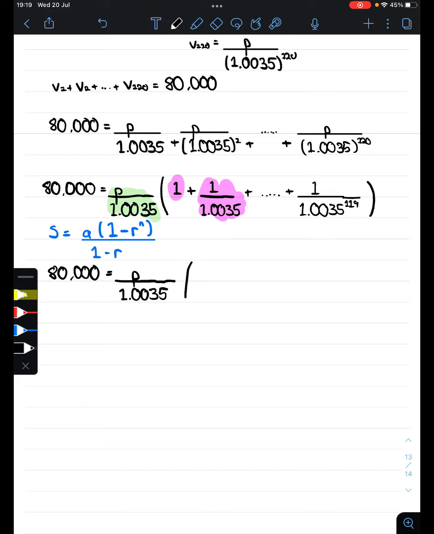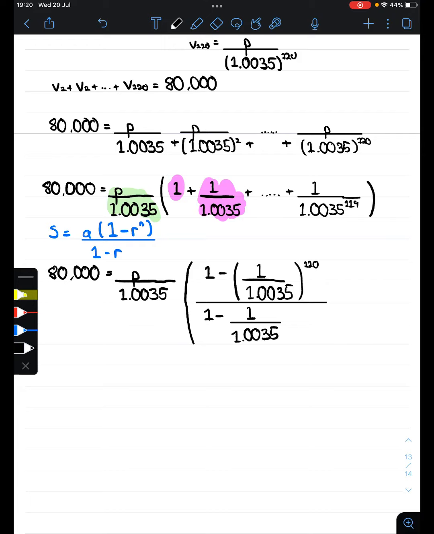So 1 minus, and n is 120. There's 120 terms here. 1 over 1.0035 to the power of 120, all over 1 minus 1 over 1.0035, our ratio.